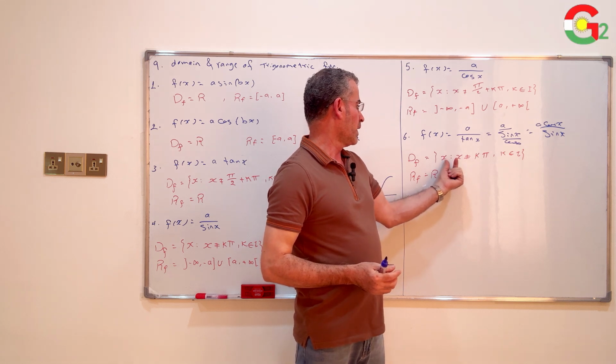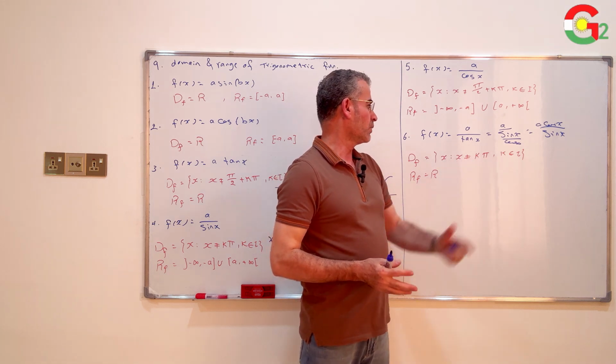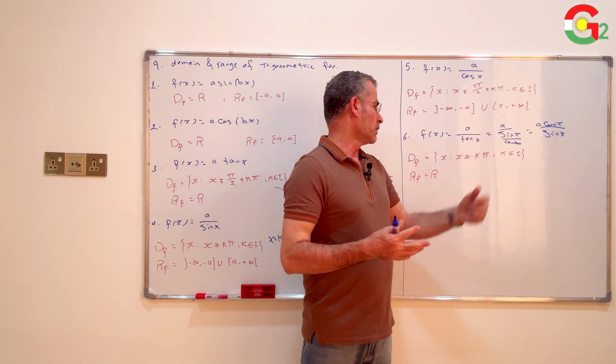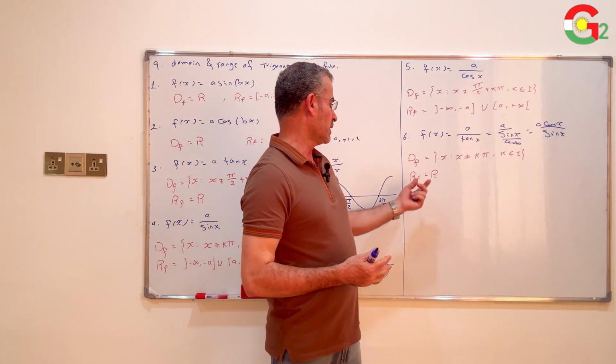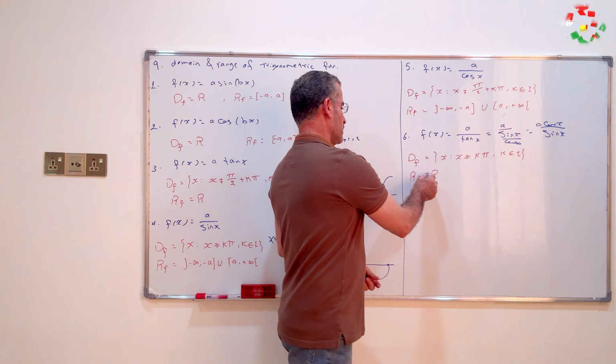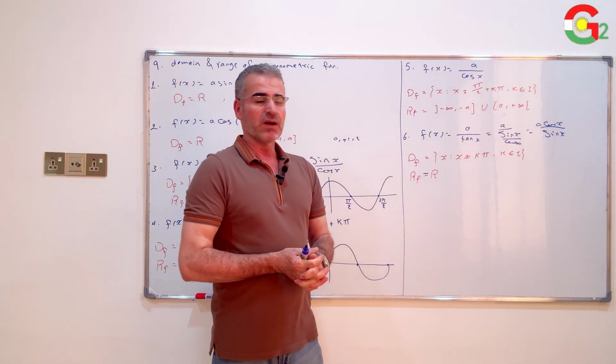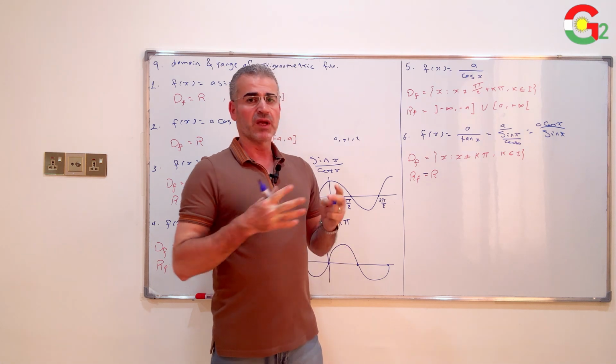Therefore, all x where x not equal to k pi, where k is an integer number, and the range is the same range of the tan function, all real numbers from negative infinity to infinity.